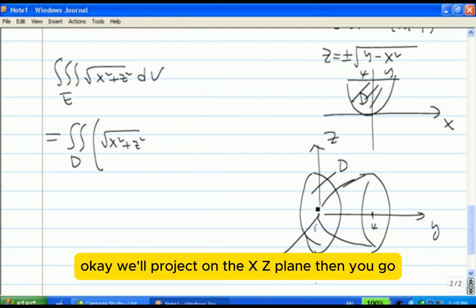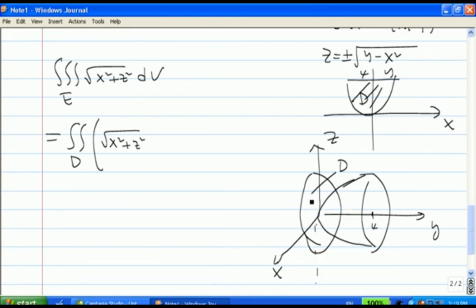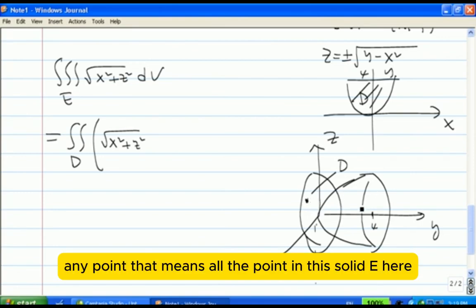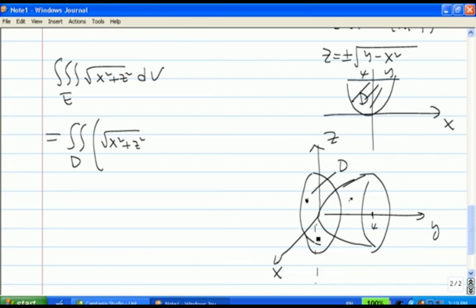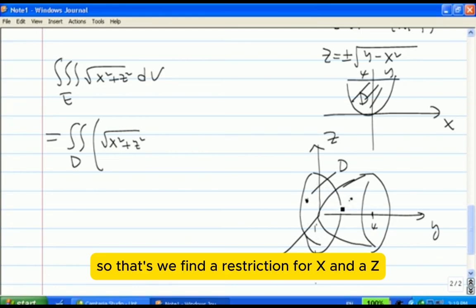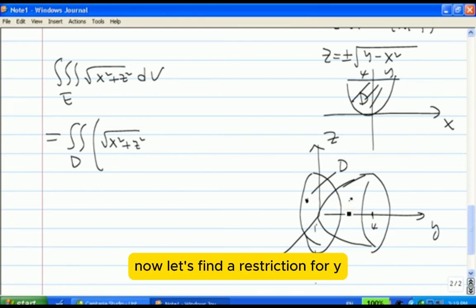okay, we'll project on the xz plane. Then you go to any point. That means all the points in this solid E here, their x and z must fall in this circle. Okay. So we find the restriction for x and z. Now let's find the restriction for y to make such a point in this solid. So you fix any point xz here.